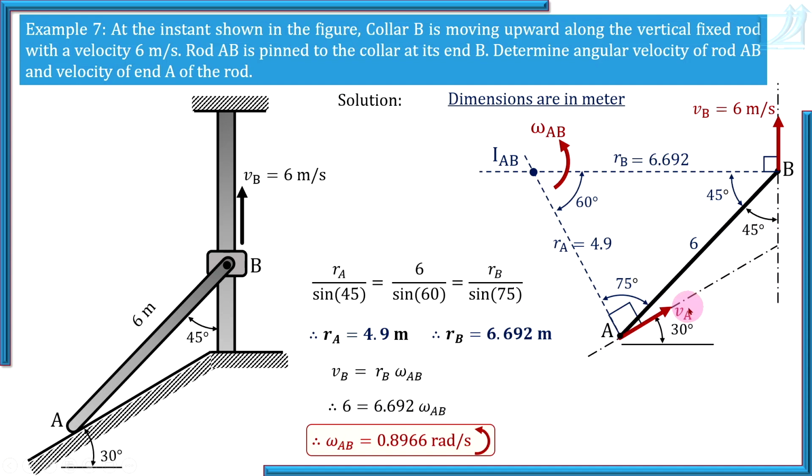And we are also asked to find the velocity of point A. VA is equal to RA into omega AB. So VA is equal to 4.9 into 0.8966. So VA is equal to 4.393 meters per second at an angle of 30 degrees. Direction is already there in the diagram, just show it in the final answer.